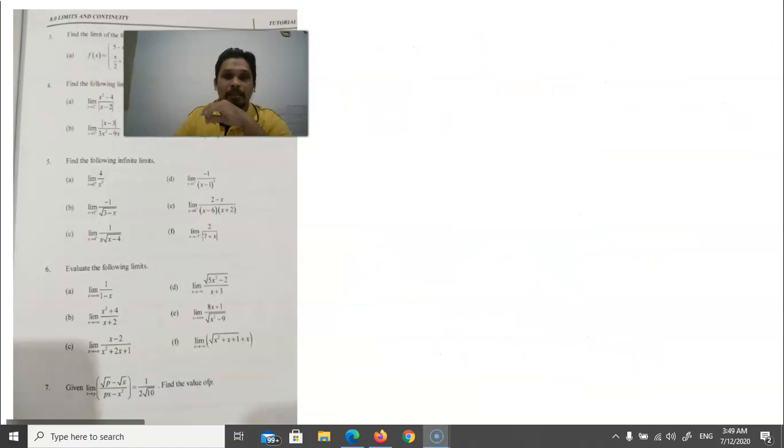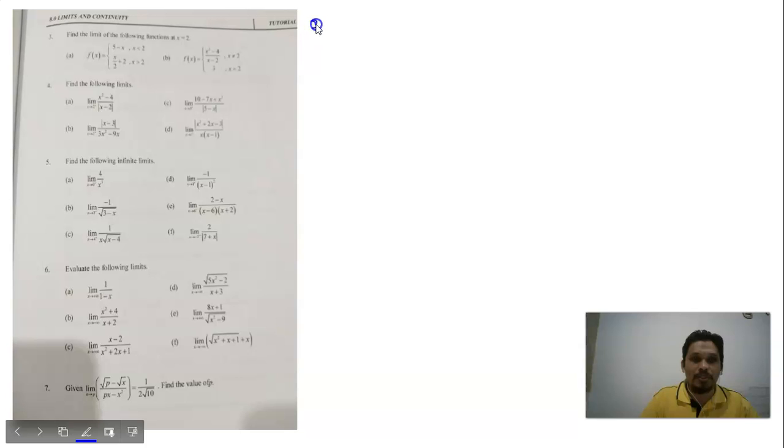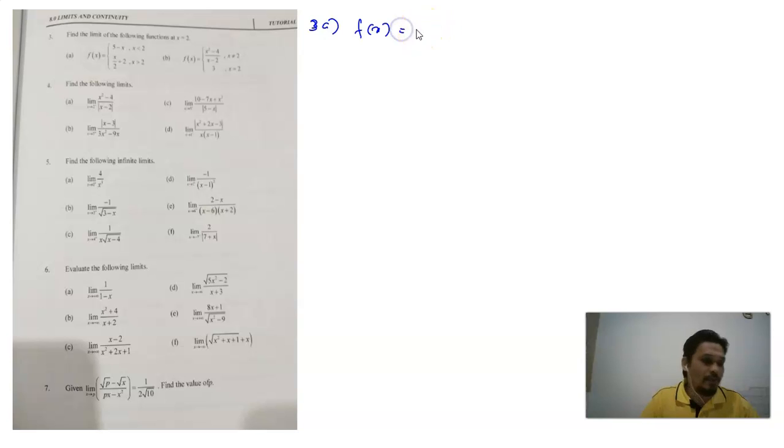Okay, so let's take a look at the question here now. If I choose, find the limit of the following at x equal to 2, for question number 3a. The function f(x) equal to 5 minus x for x less than 2 and x over 2 plus 2 for x greater than 2.